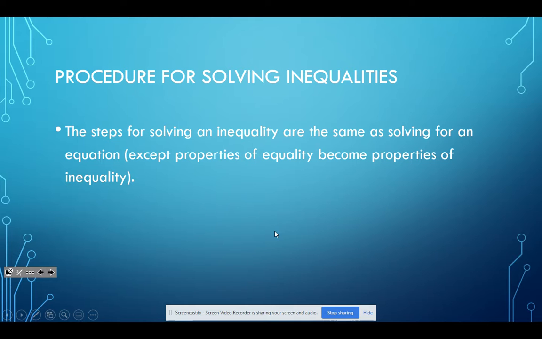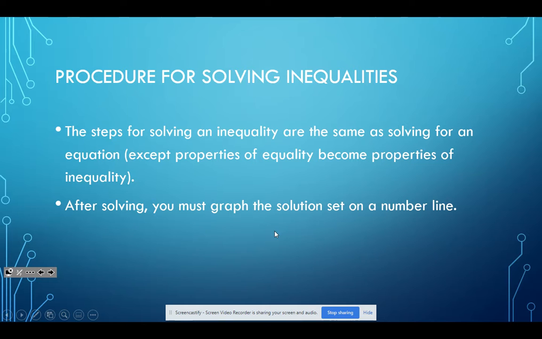If you're having trouble remembering the steps to solving an equation, please look back at lesson 2-6, multi-step equations. After solving an inequality, you must graph the solution set on a number line.